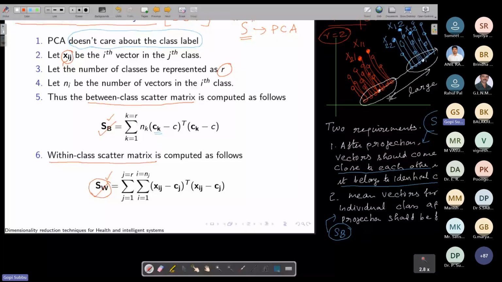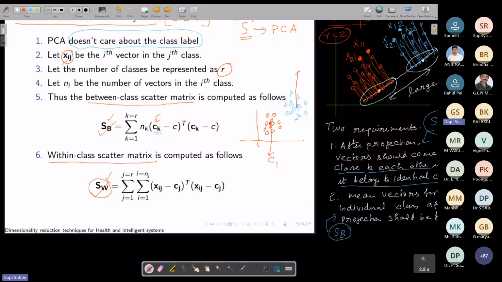For example, in 2D, if I have a two class problem, this is one class and here is another class. We find the centroid, the mean vector, by taking the average here, and then the mean vector here, taking that average. This one we call C1, and this one C2.